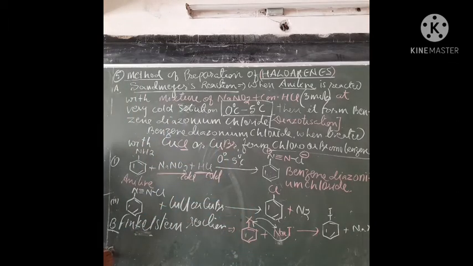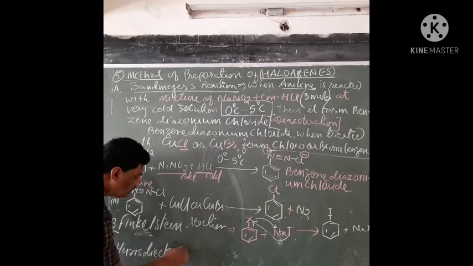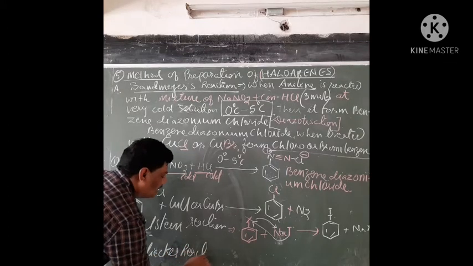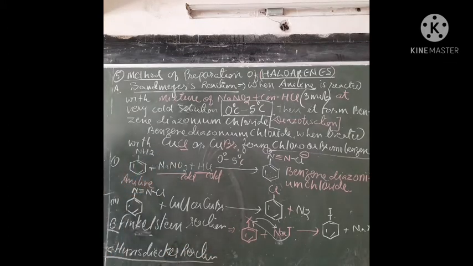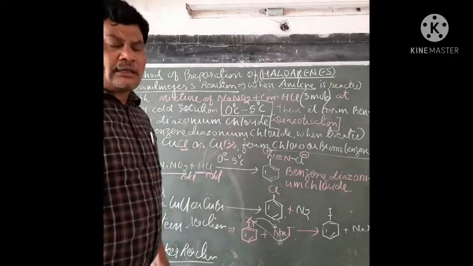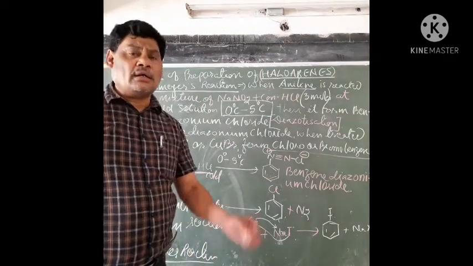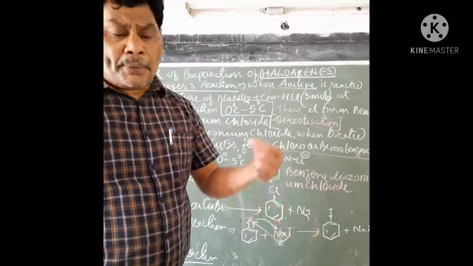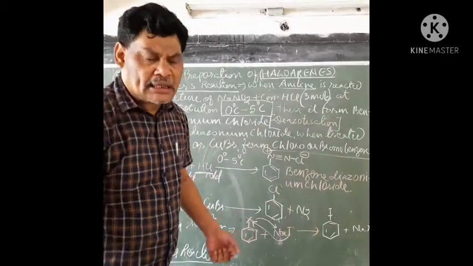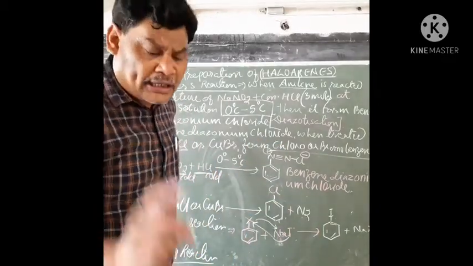Students, you can write one more reaction. This reaction is known as the Hunsdiecker reaction. Now, what is the Hunsdiecker reaction? In an earlier topic, we have seen the silver salt of fatty acid. So, in the Hunsdiecker reaction, we can take an aromatic compound.